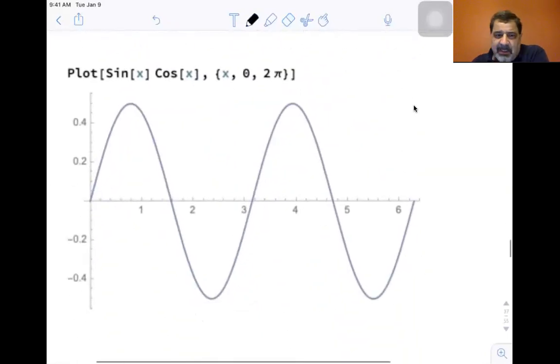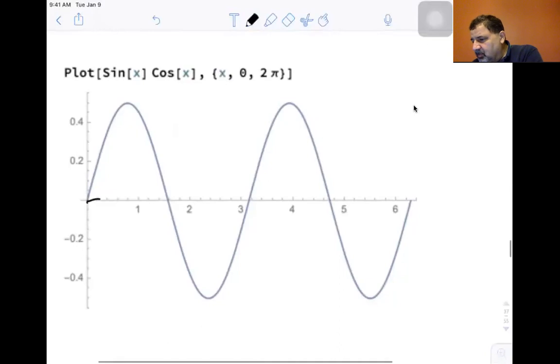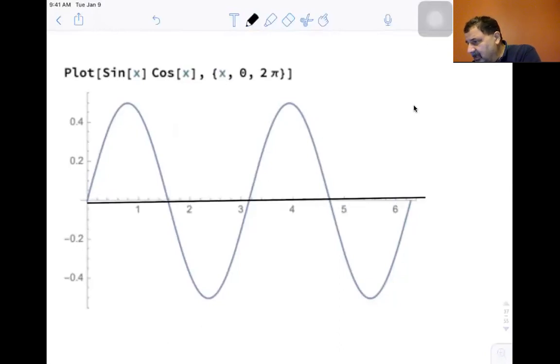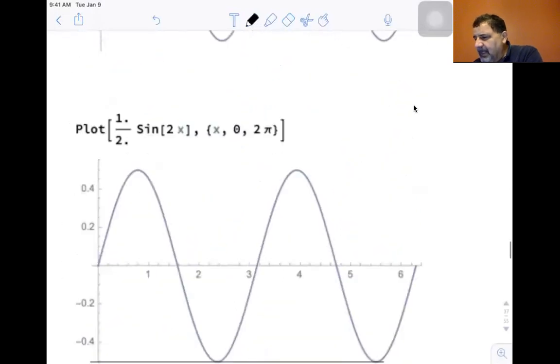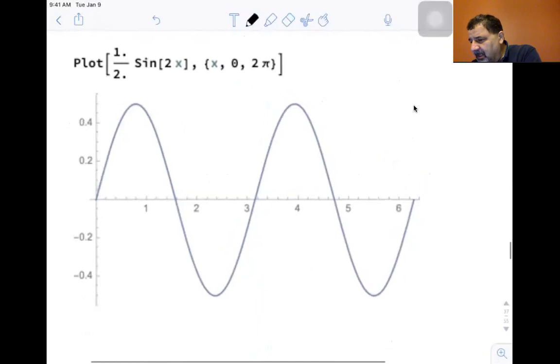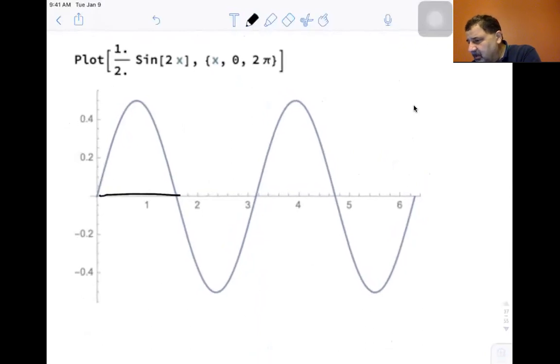Now, here's the sine x cosine x, or sine omega T cosine omega T. I just used x, it's the same thing. And the average is right here at the 0. And the same with the 1/2 sine 2 omega T, or sine 2x. It's 0 also.